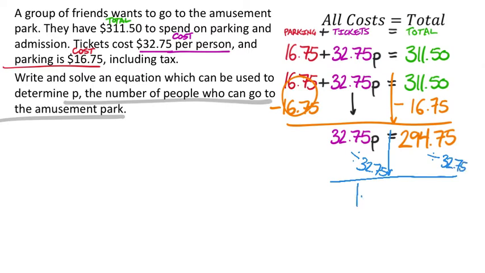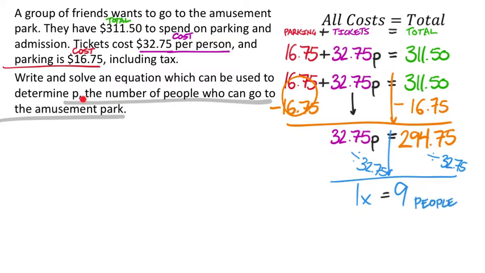But again, this will force the coefficient of p to become a 1, and this will tell us how many tickets can be purchased with that amount of money. So 294.75 divided by 32.75, enter, and I get a value here of 9. So I would be okay saying 9 tickets, but it wants us to label this as nine people.